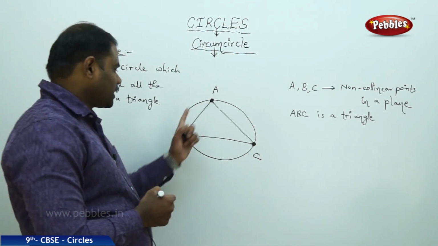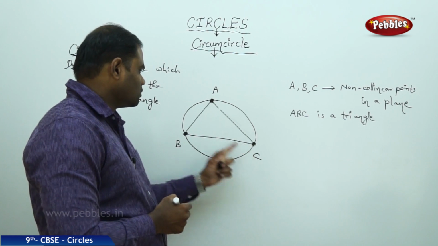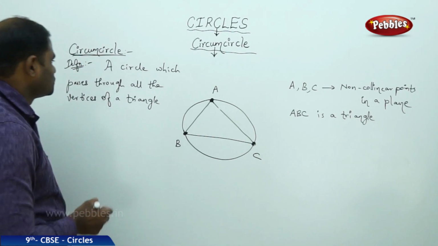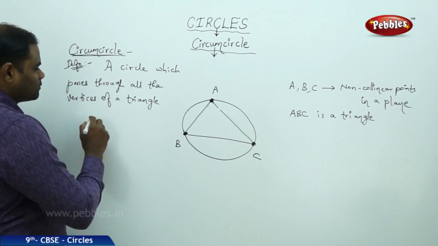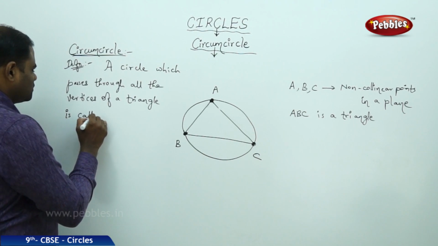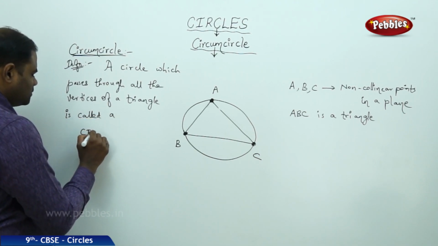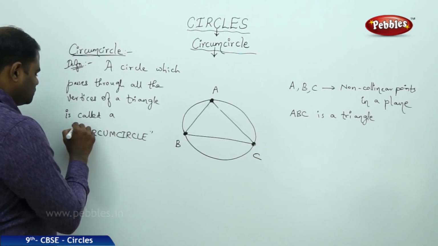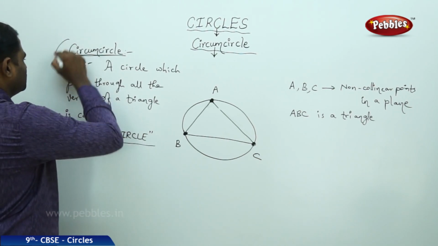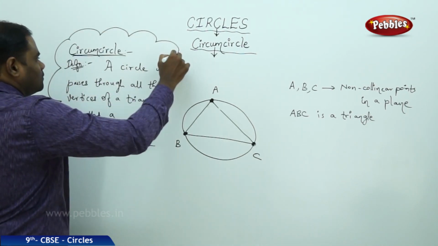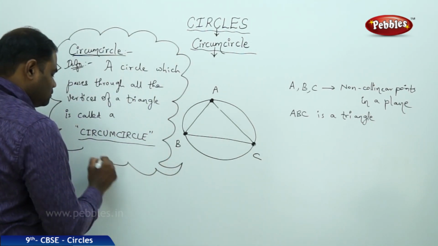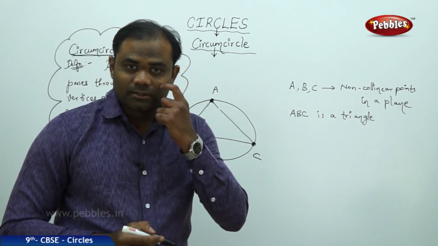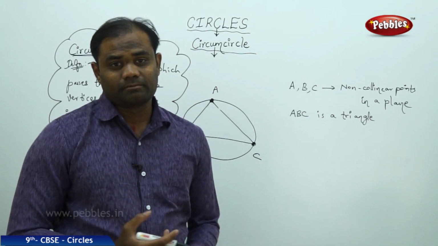For example, for this triangle ABC, this circle passes through vertex A, vertex B and vertex C. So a circle which passes through all the vertices of a triangle is called a circumcircle. That is how I understand a circumcircle connected with triangle ABC.